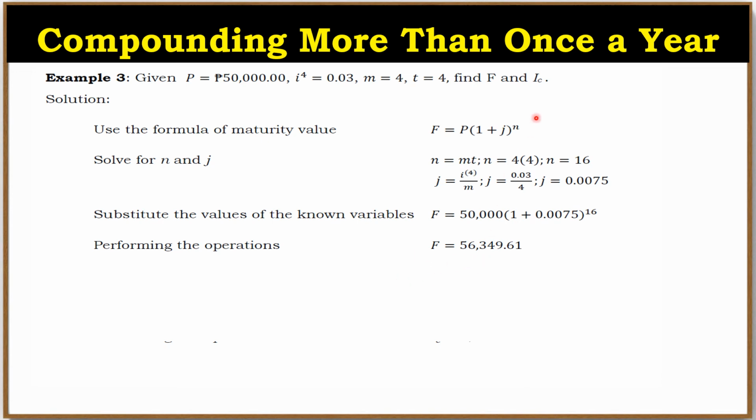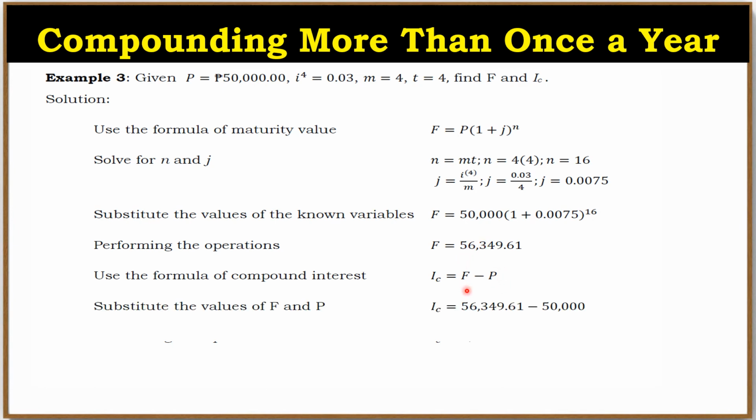But the other thing we need to find is the compound interest after 4 years. So you have to subtract the principal amount from the future value. Therefore, you have our future value is 56,349.61 minus 50,000.